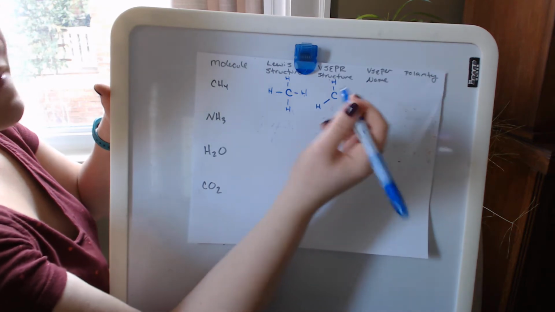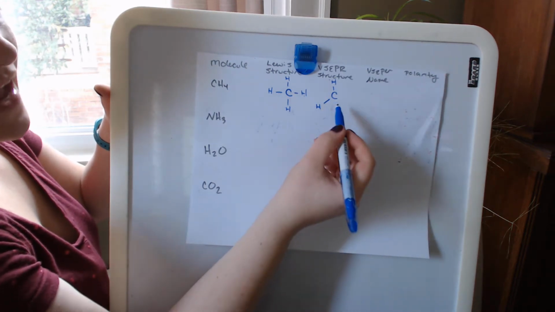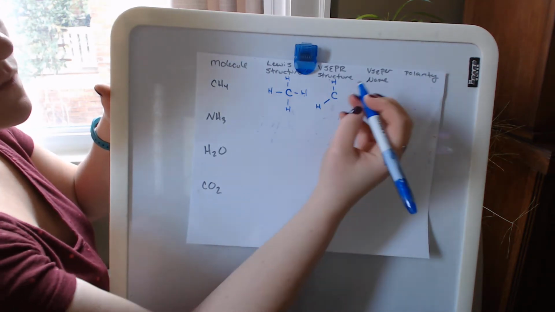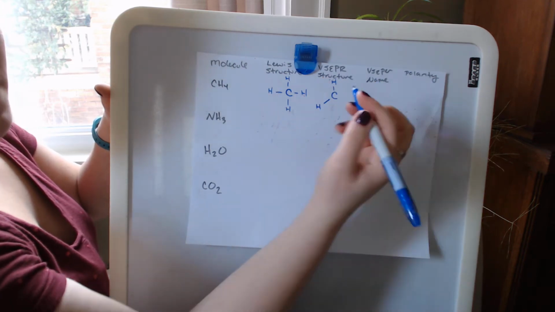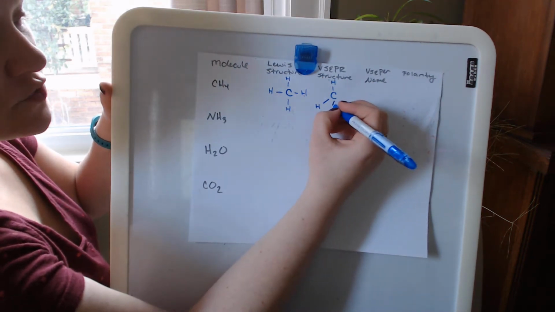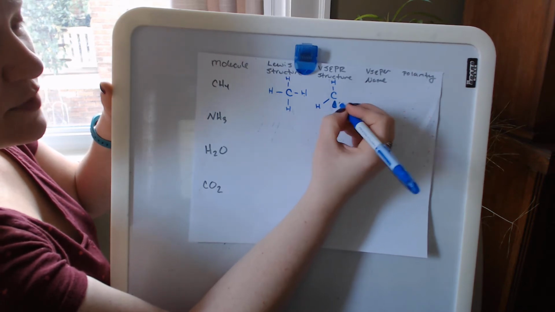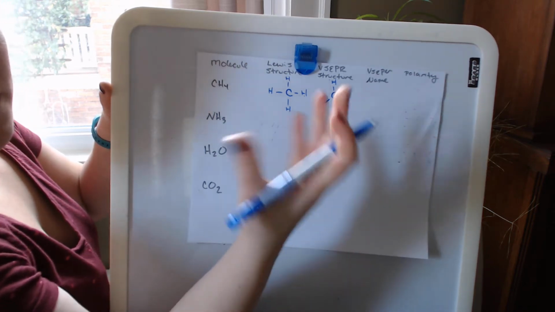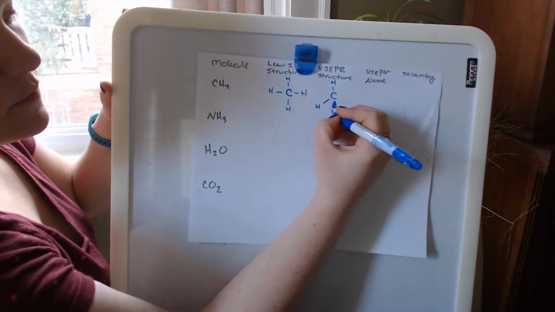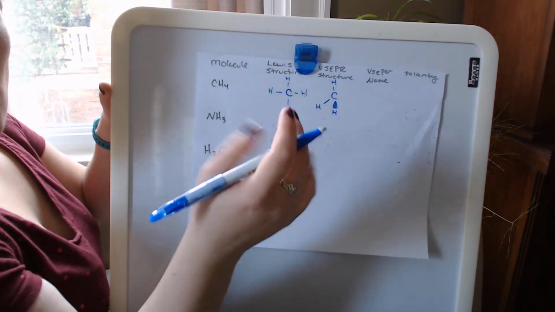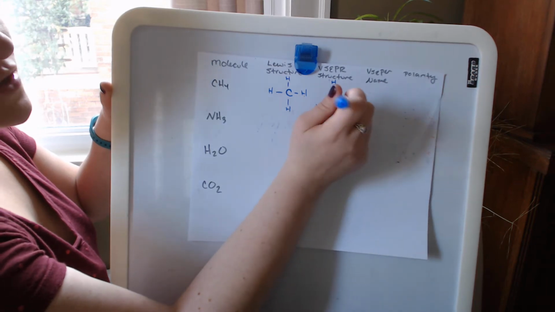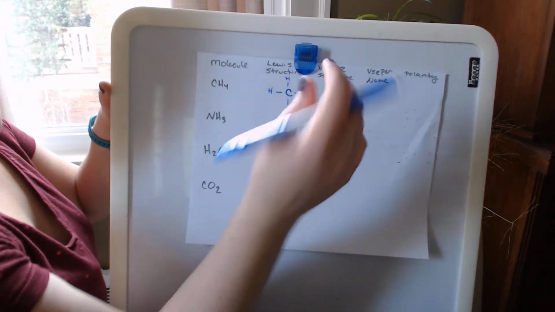Okay. Then we're going to have 1 that's going to be coming out of the page towards you, out in front of the carbon. The way to show that is to draw a little triangle here that indicates that this part is kind of farther back and the larger part is coming towards you. Then we put a hydrogen here, and then our last hydrogen is going to be going back into the page.